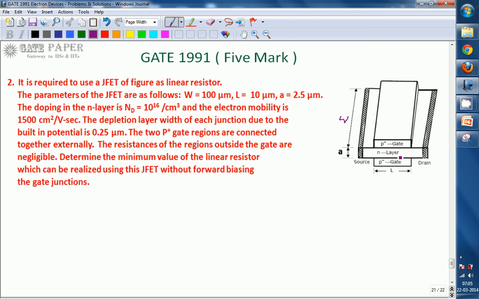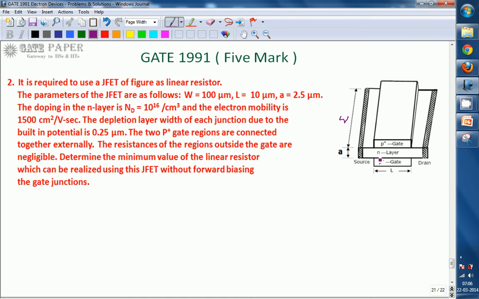Whenever we combine P and N, a depletion region is formed. It is a P plus gate and an N layer. The depletion layer penetrates more into the lightly doped side, so the depletion layer width will come into the N layer, both above the P plus N and below it. The depletion layer width is given as 0.25 micrometers for one junction.